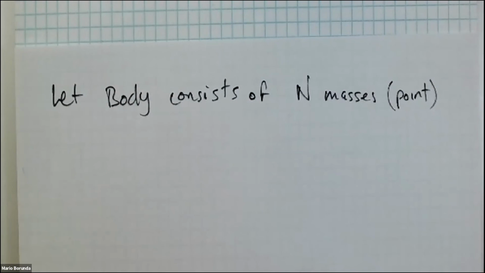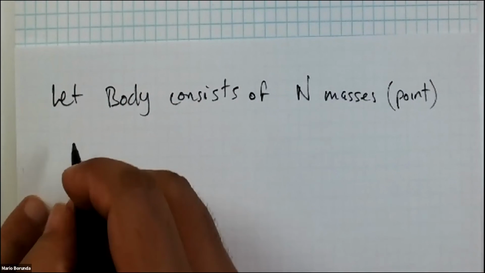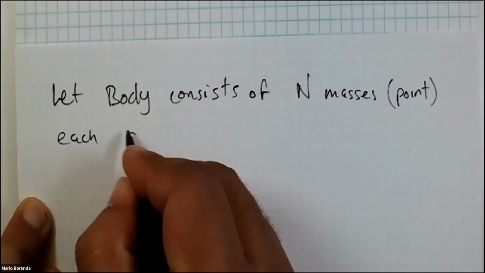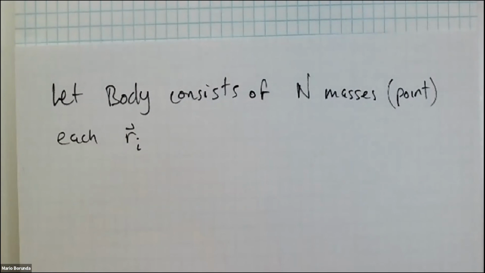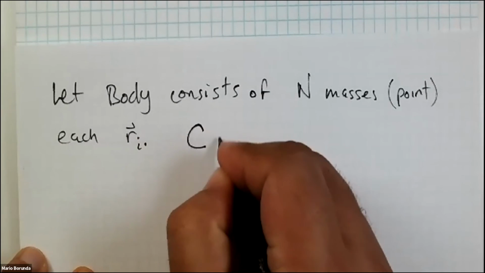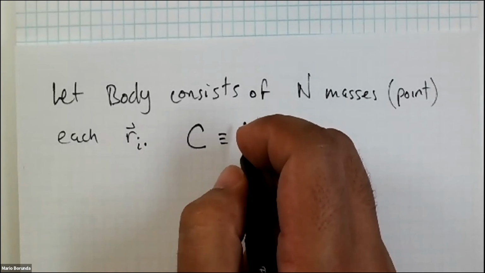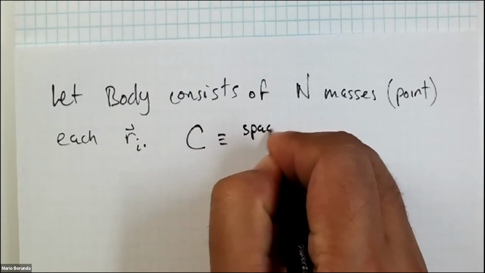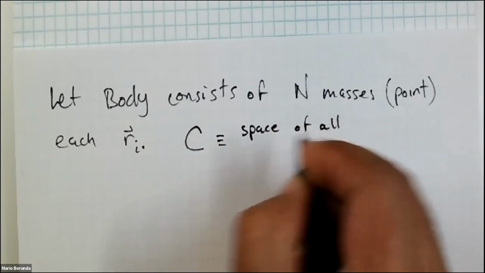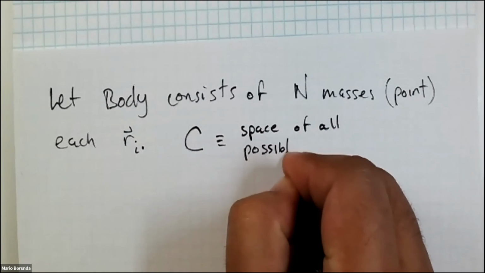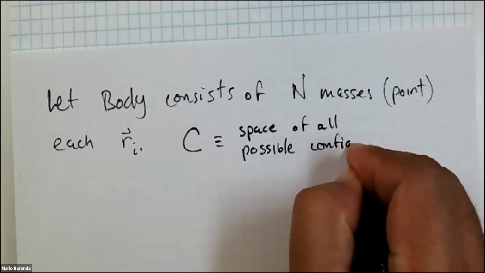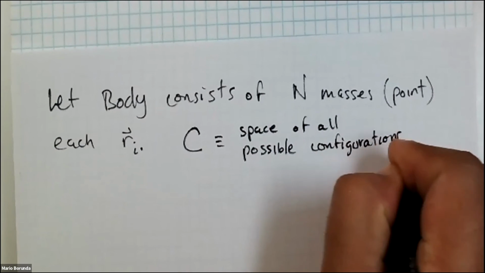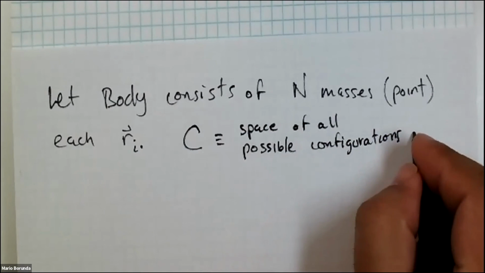The masses. Each of them is located at some position R_i. C is the space of all possible configurations R_i.